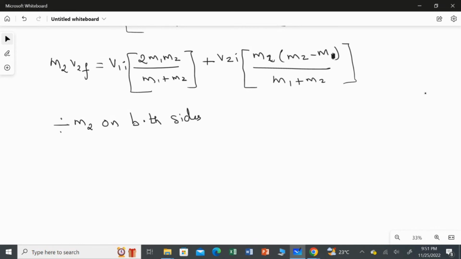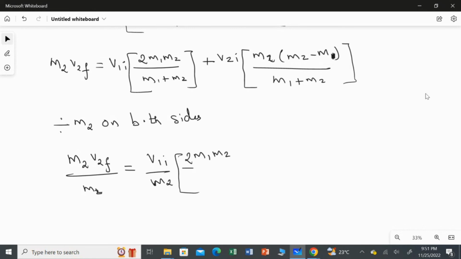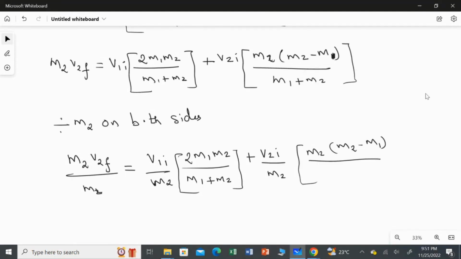So by that, the above equation will become M2 V2 final over M2, clear, which is equal to V1 initial over M2 multiply with 2 times of M1 M2 over M1 plus M2, plus V2I over M2 multiply with M2 multiply by M2 minus M1 divided by M1 plus M2. So I have to close the bracket.